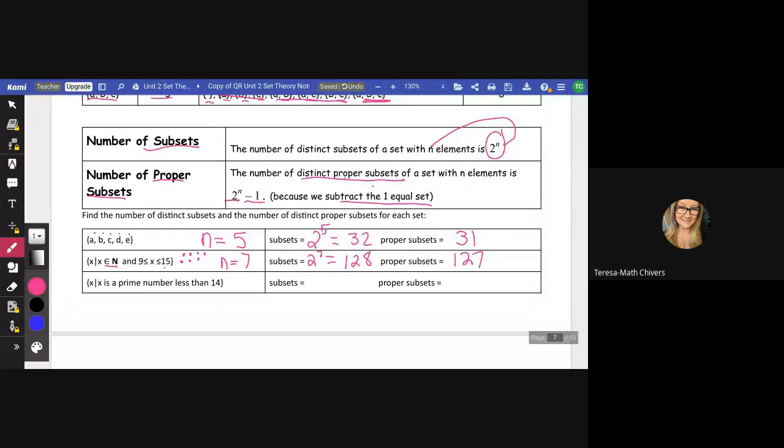X is a prime number less than 14. So let's see, that'd be 2, 3, 5, 7, not 9, 11, and 13. 1, 2, 3, 4, 5, 6. So there are 6 of them. 2 to the 6th is 64. So proper subsets will be 1 less than that, 63.